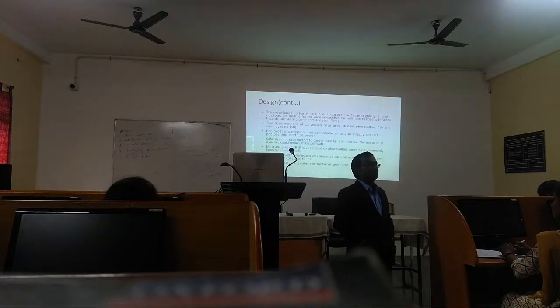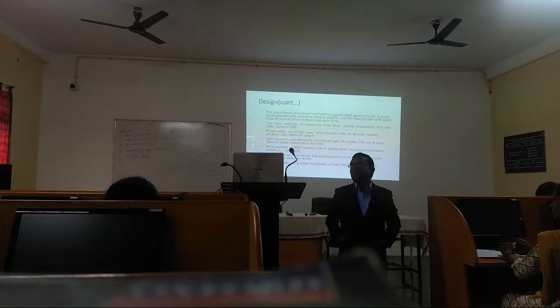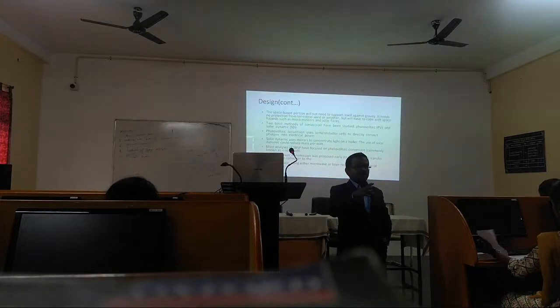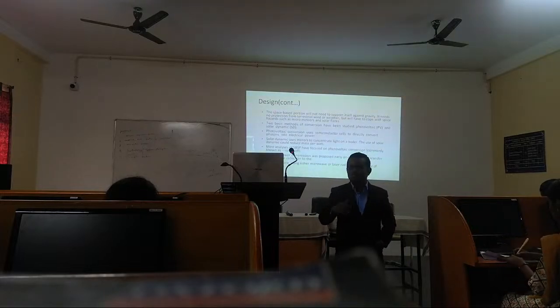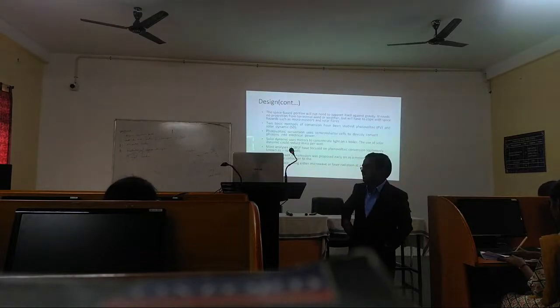So you have to use LRUs, line replaceable units. If this is not working, you just remove it, plug and play. Those techniques you have to use when designing your systems. We use the plug and play technique in the design.